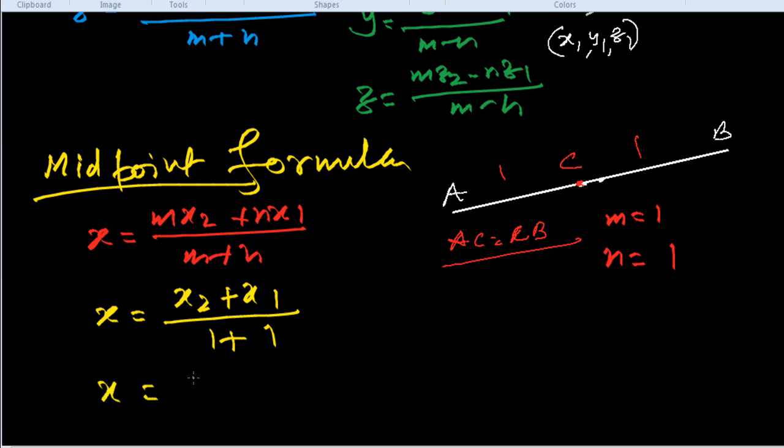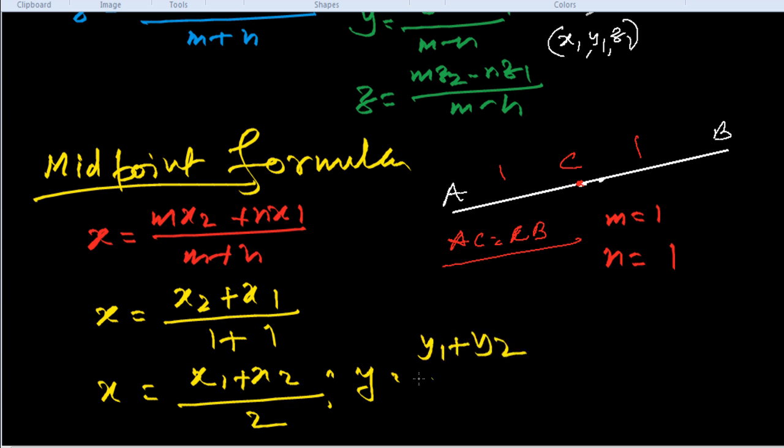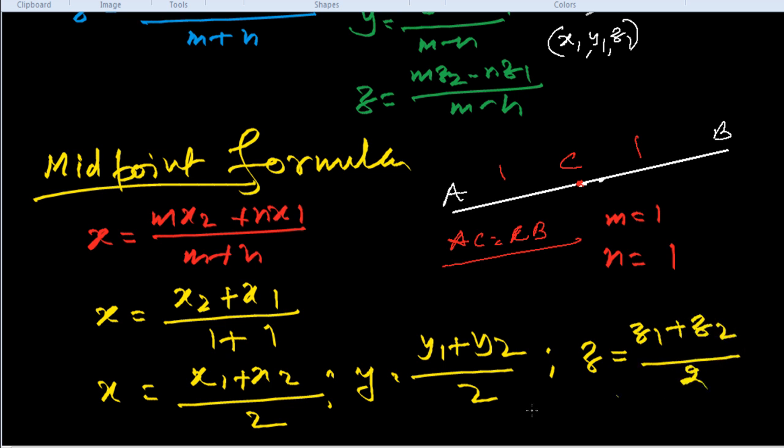I arrange this, x1 plus x2 over 2. So this is the midpoint formula. Similarly for y we get y1 plus y2 over 2. Similarly for z we get z is equal to z1 plus z2 over 2. In this way we can easily find the midpoint formula.